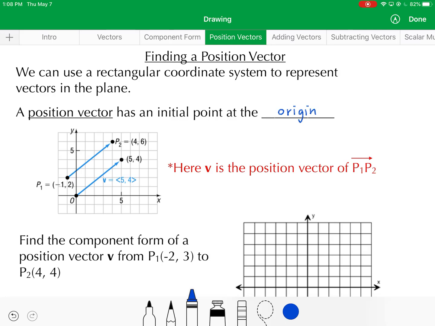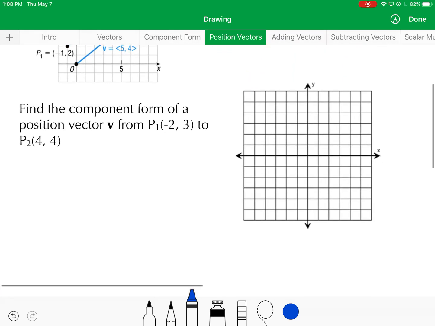Okay? All right, so let's find the component form of a position vector v from point 1 to point 2 here. So let's start by drawing out the vector from point 1 to point 2. So point 1 is right here, and then point 2 is right here.